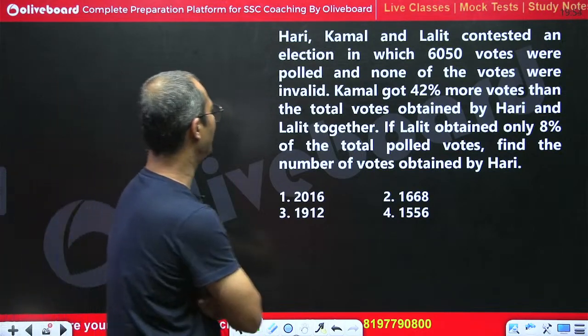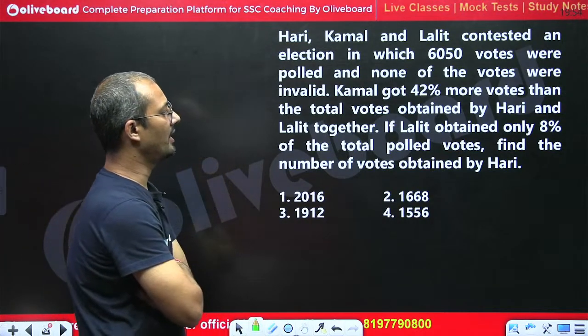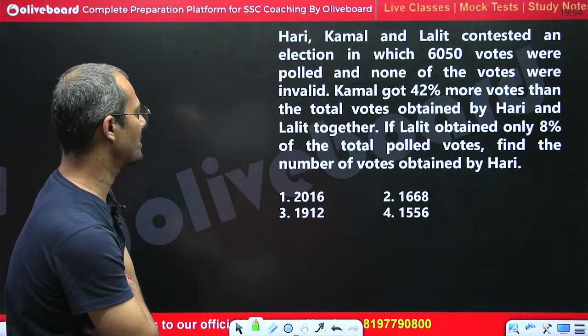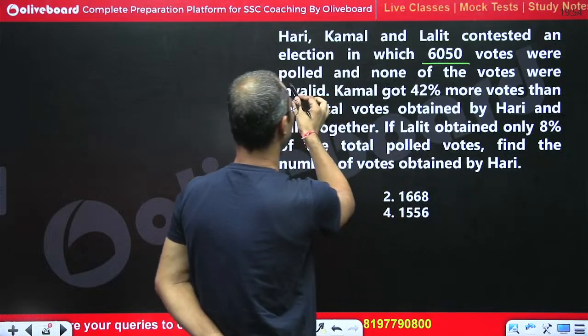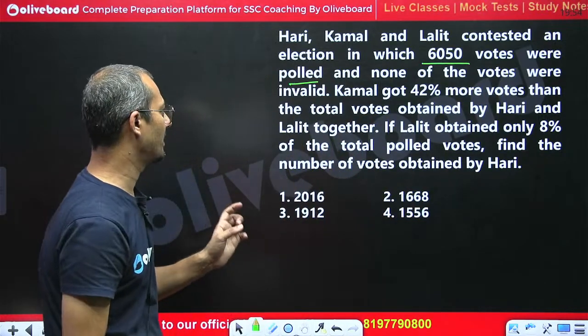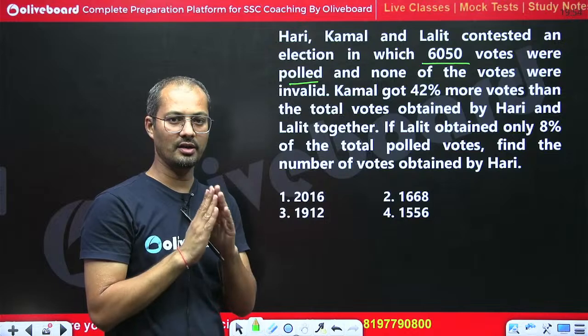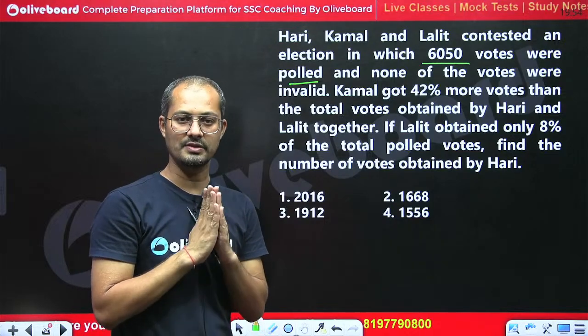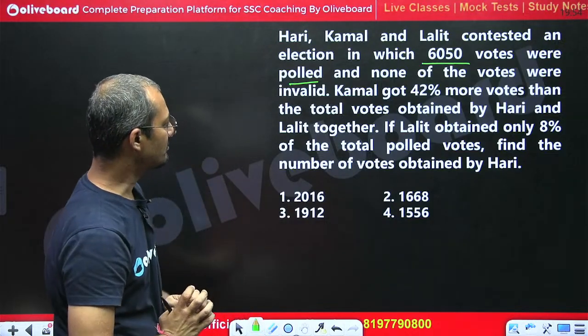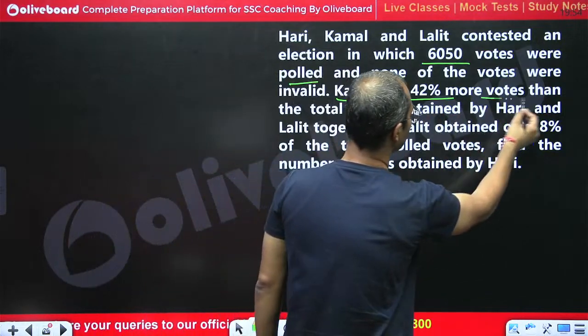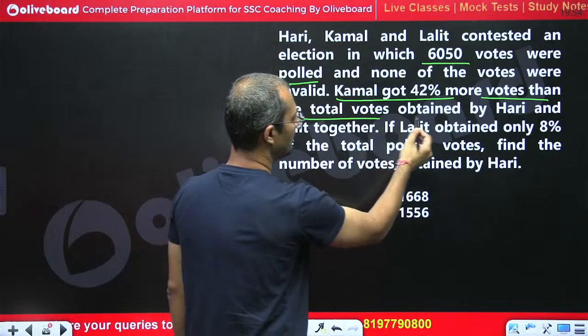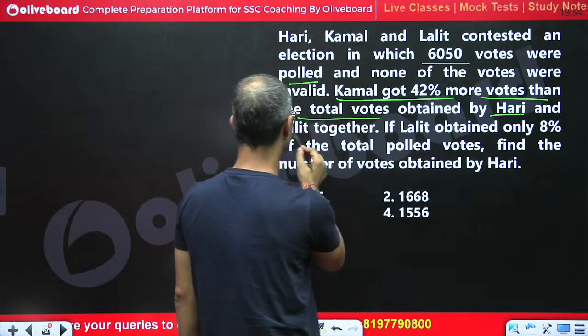Now the question is saying Hari, Kamal and Lalit contested an election in which 6050 votes were polled and none of the votes were invalid. It means all cast votes are valid, right? Kamal got 42% more votes than the votes obtained by Hari and Lalit together.